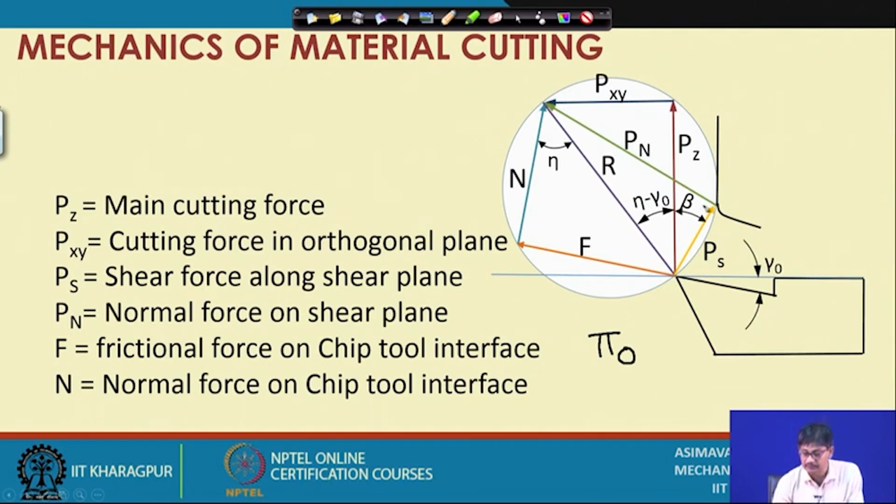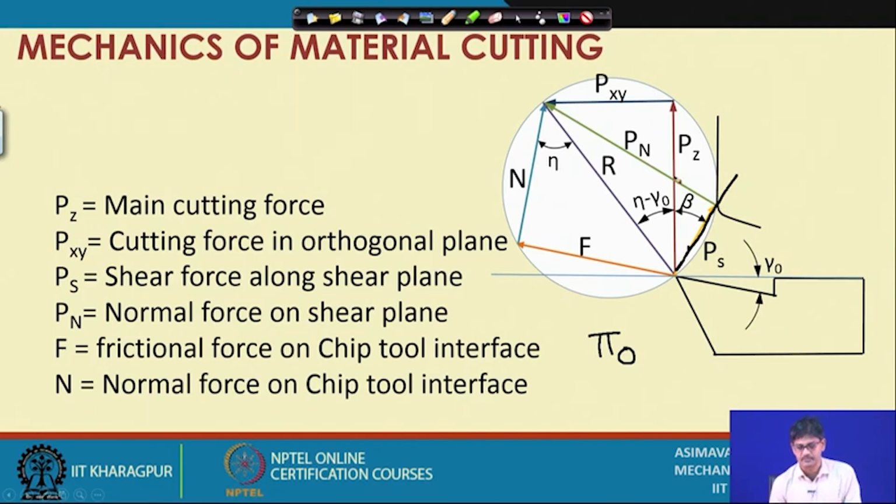In the same way, when we are talking about the shear plane, that means the plane in which the primary deformation is considered to be occurring, restricted in the form of shear, we can also consider a shear force occurring here, which we write as Ps, and a force normal to it as Pn.